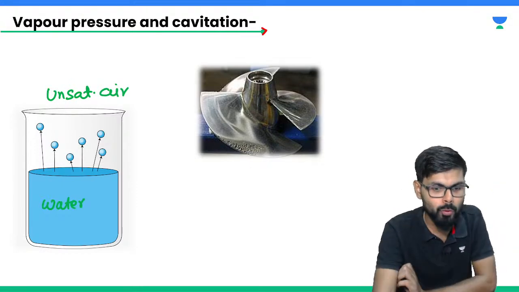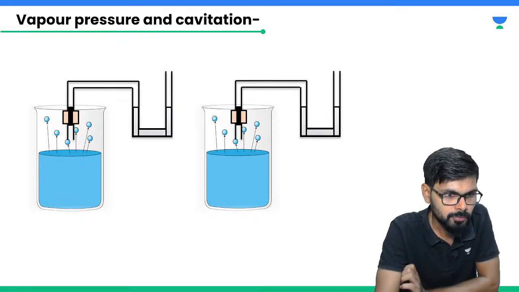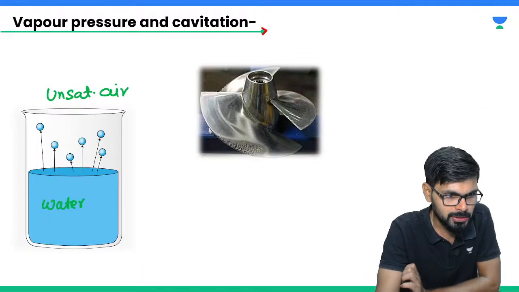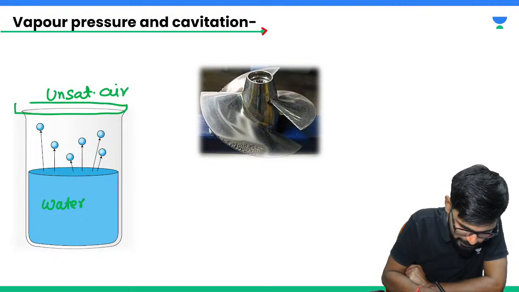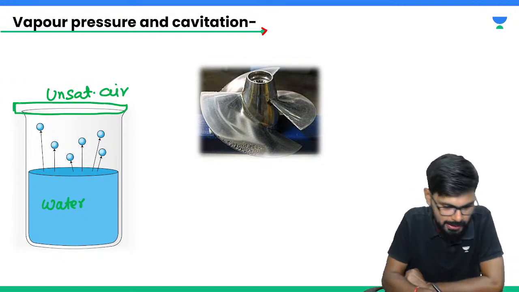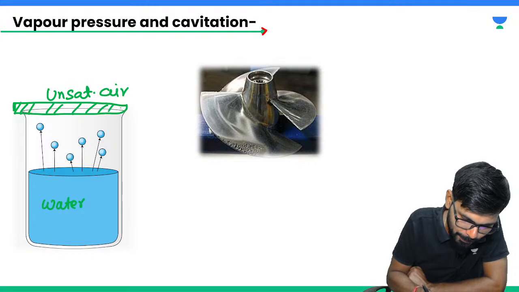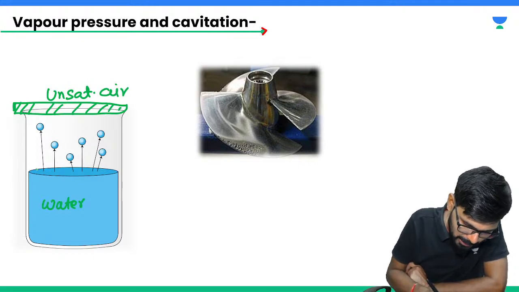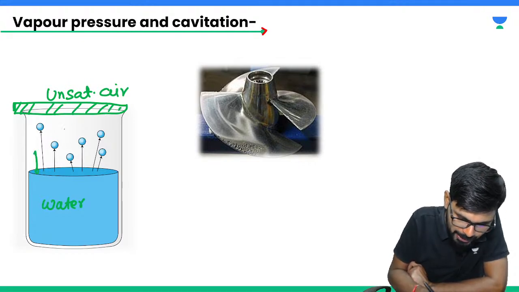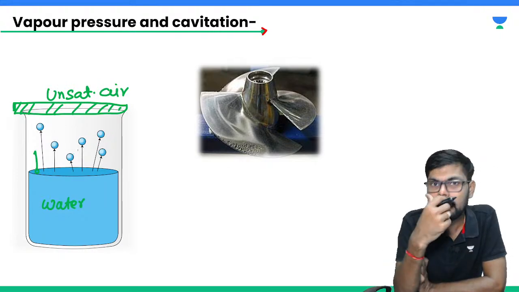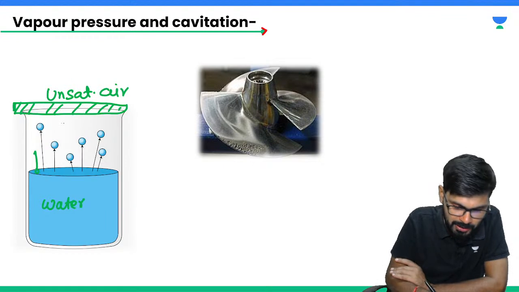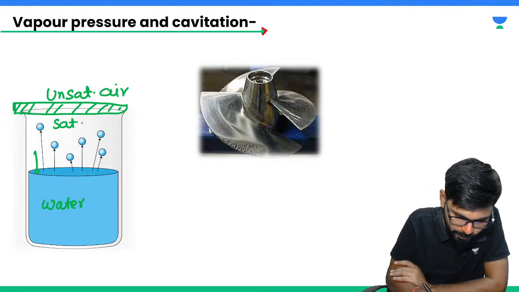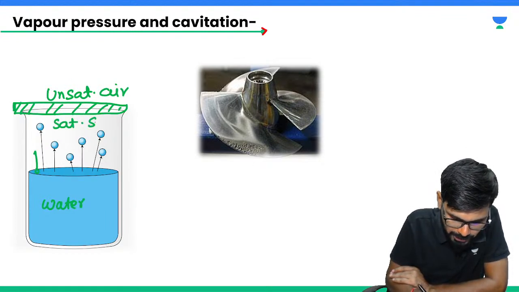Okay. Now what I'm going to do is close this with a lid. So what will happen? It will keep on adding. After some time, the air inside the glass will become saturated air.